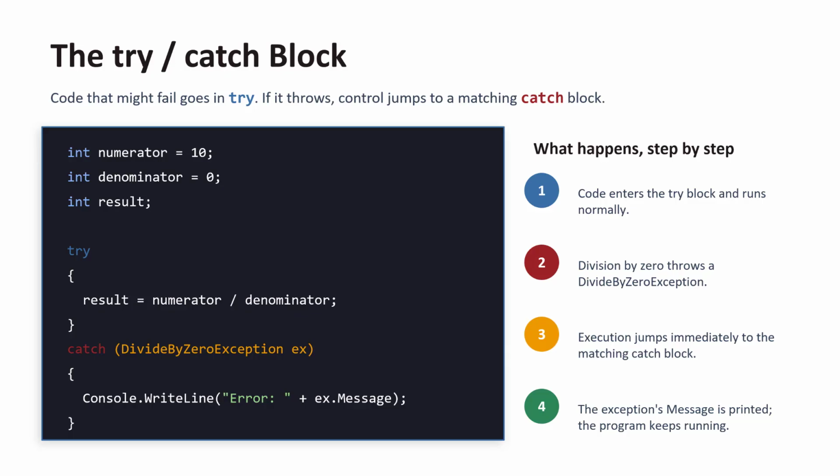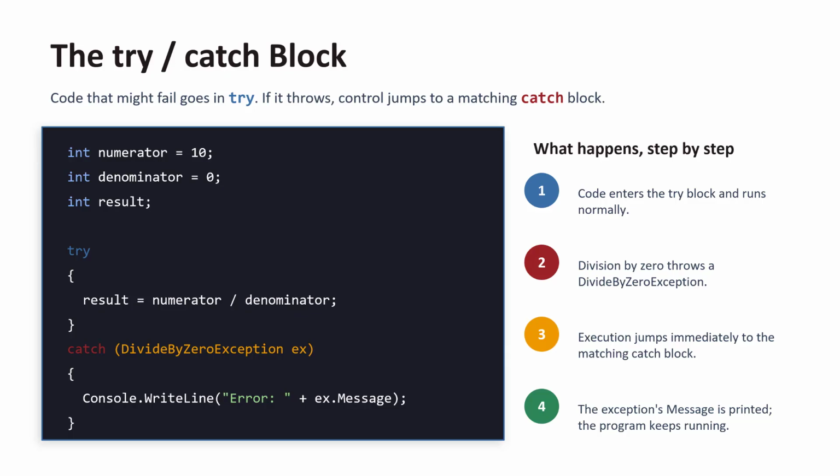So if we look at the example, we have a numerator of 10 and a denominator of 0. Dividing by 0 with integers in C# throws a divide by 0 exception. This is a good example because it's something you may have already run into accidentally. The division happens inside of the try block.